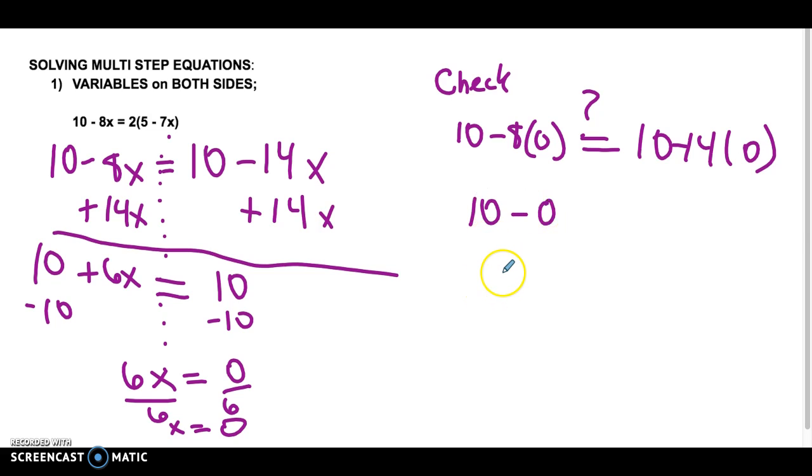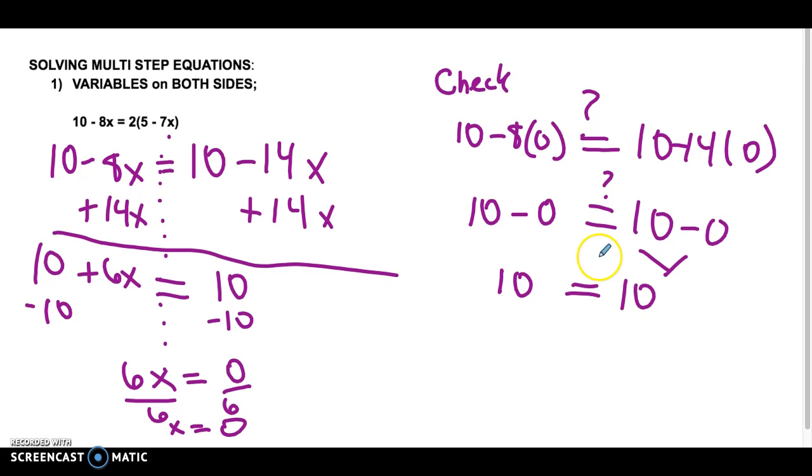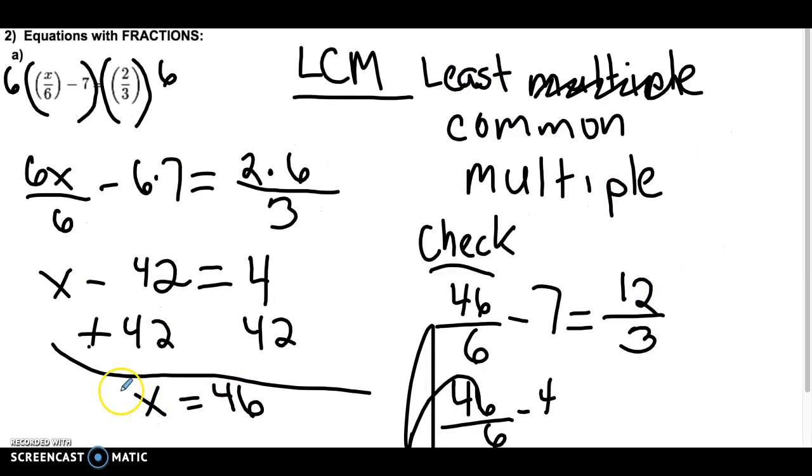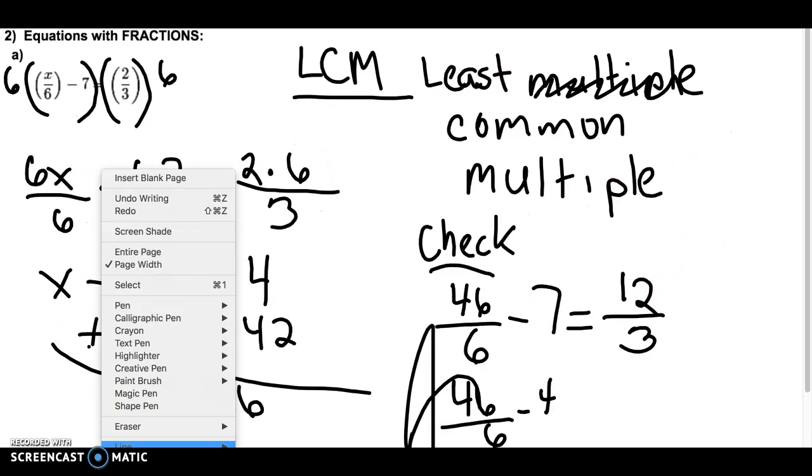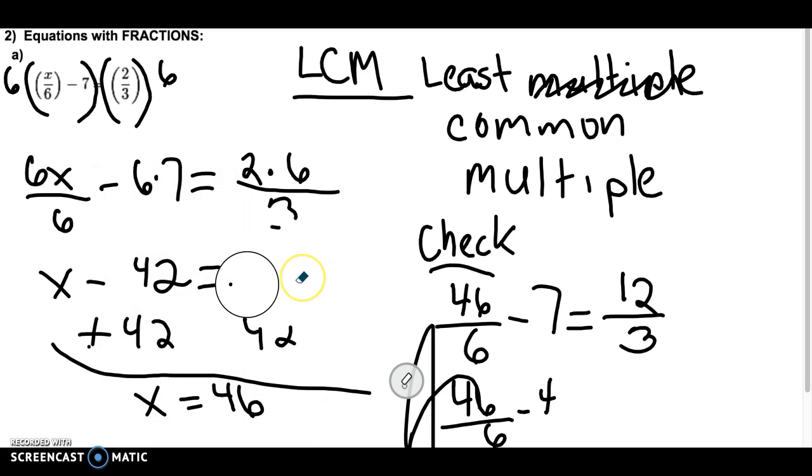So when I simplify that side, I get 10. And on the other side, I'm going to do the same thing. I get 10 minus 0. And 10 minus 0 is 10. So now I can take the question mark off and check because I know I have the right answer. All right, let me get rid of this. We'll erase all of this.